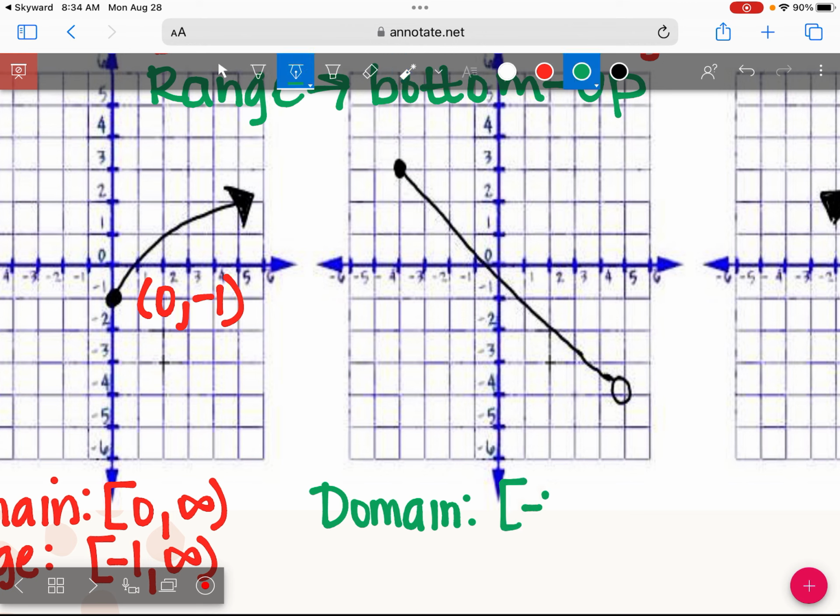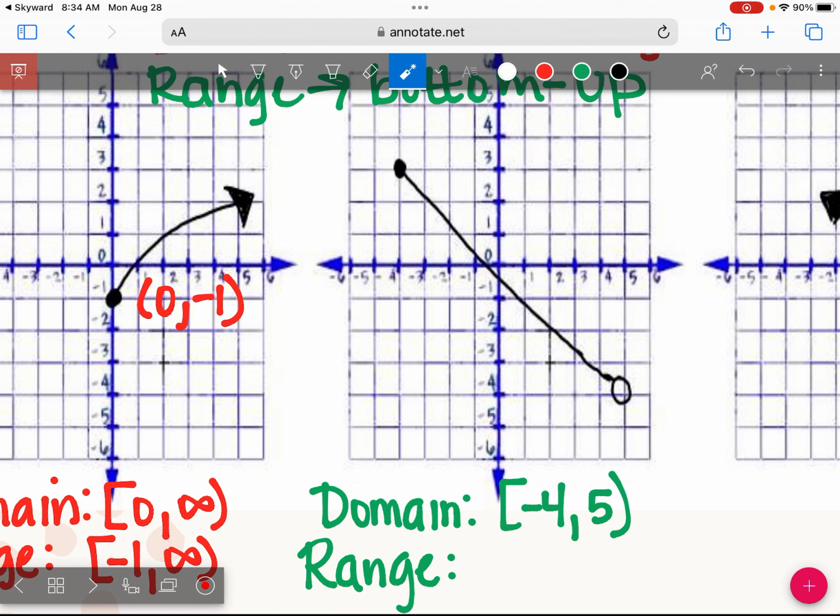And your range, that's your lowest number. So your lowest point is here. This is the lowest point. So your lowest point would be y is -4. So that's why I wrote for the range, you go from the bottom up.